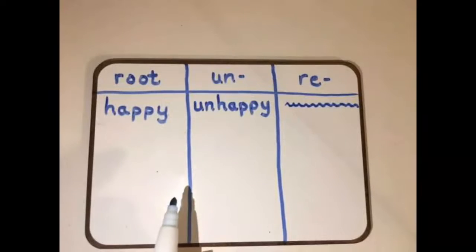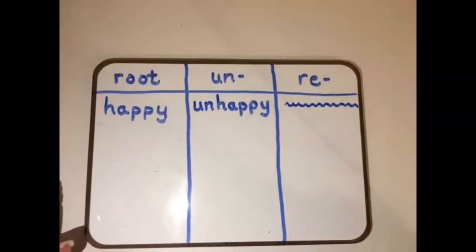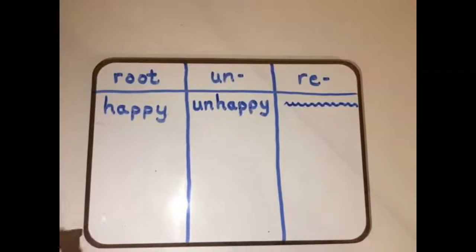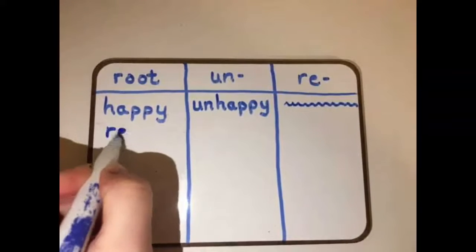So let's try another word here, and let's see which prefix goes or does not go with this root word. Here's your new root word to write down. Just a reminder, you can pause the video anytime you need to write in any of the words and slow it down for yourself, and then just play it again when you're ready, okay? So let's write the root word read.